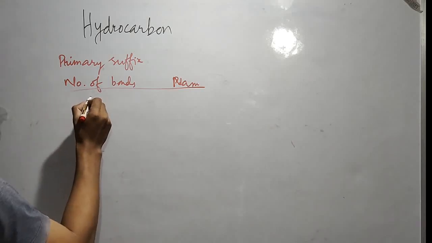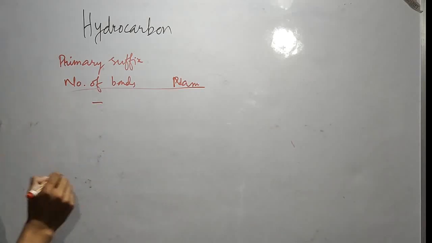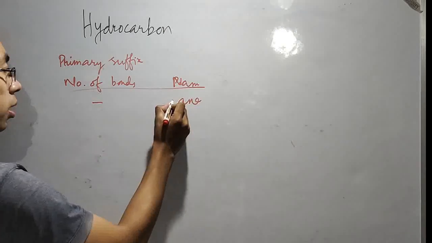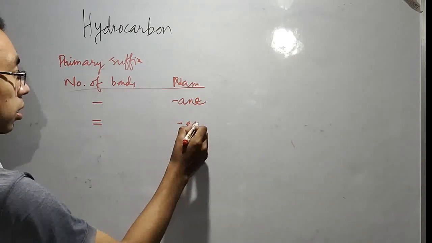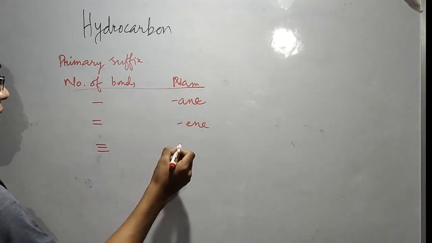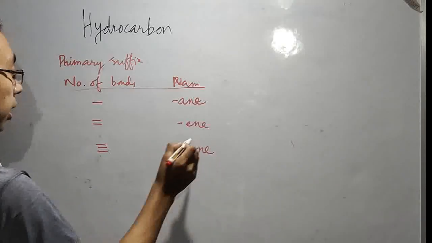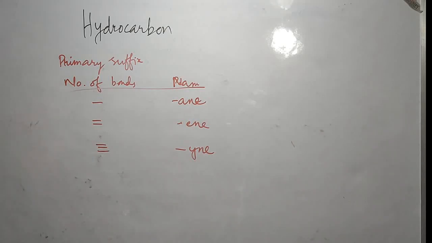If the bond is a single bond, then we name it ane. If it is a double bond, we name it ene. If it is a triple bond, then we name it yne. So this is for the primary suffix.